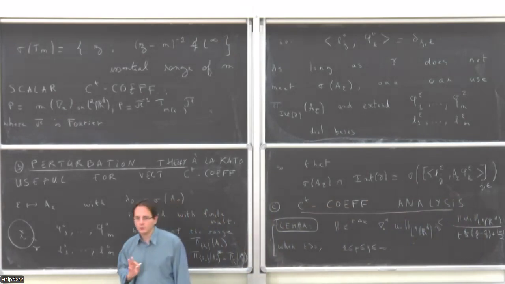Start with the heat kernel bounds, but I don't want to do it by using that I can explicitly get the heat kernel. I want to show you how to do the proofs and make some comments about that.